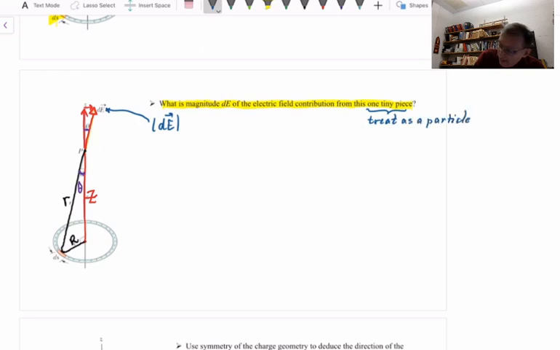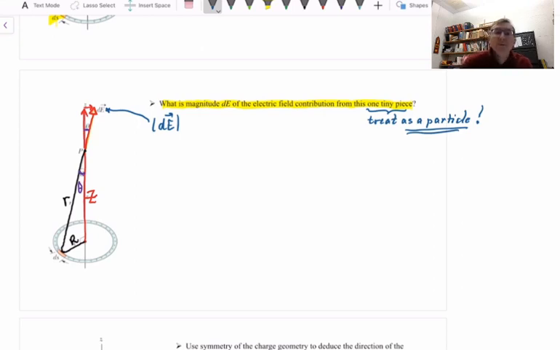Boy, is that an important point. Now, do you see why it's okay? I was just going on and on a few minutes ago about why you can't treat the ring as a particle. You see why what I'm doing here is not the same? I'm looking at that one little highlighted piece, and it's so tiny in size that it's a particle.